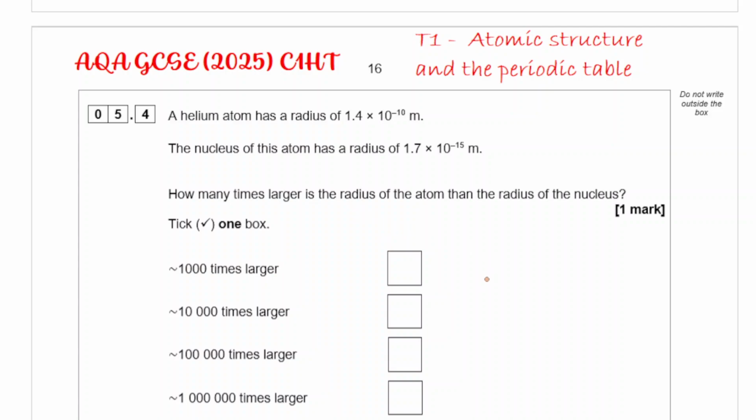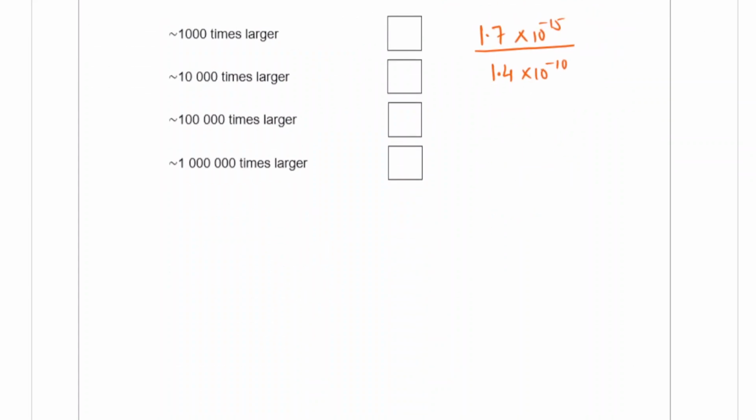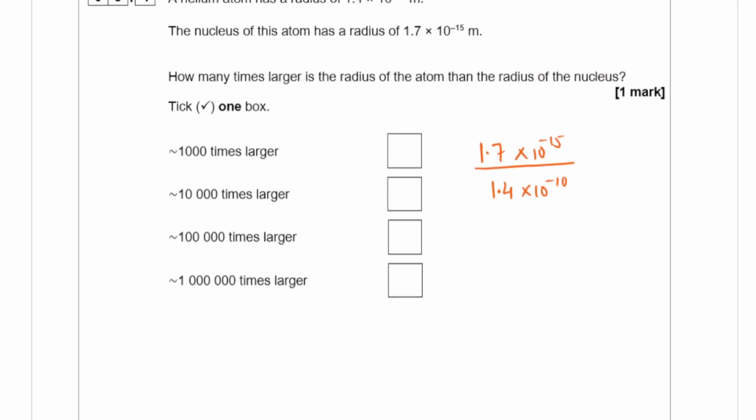So, for this you would want to divide 1.7 times 10 to the power minus 15 divided by 1.4 times 10 to the power minus 10. And it would be about 100,000 times larger.